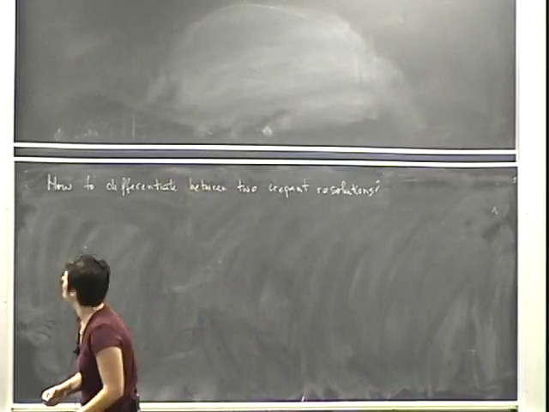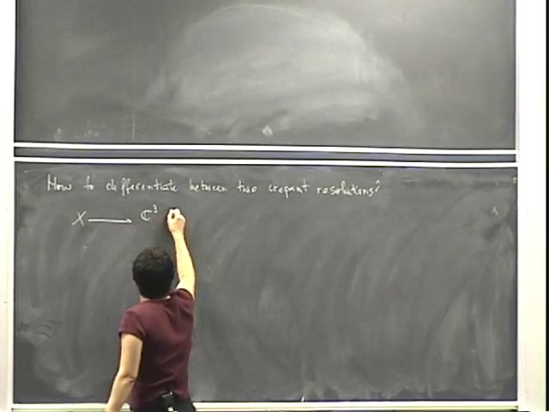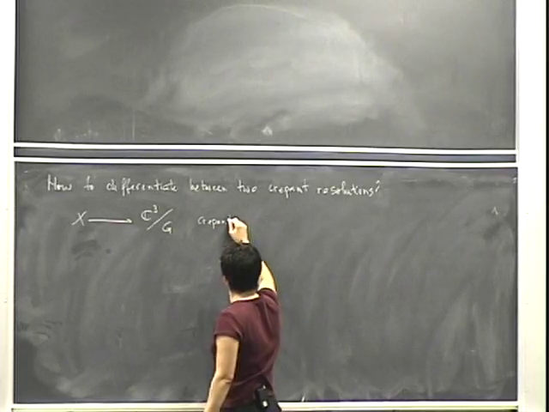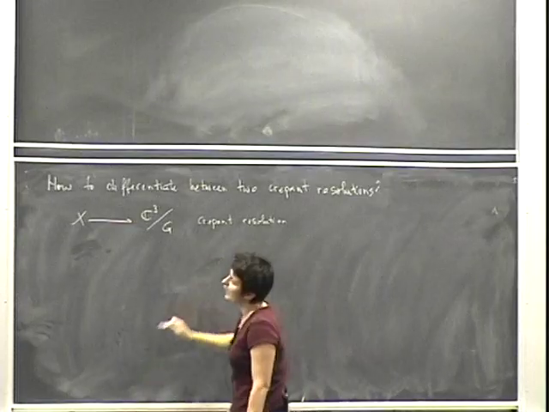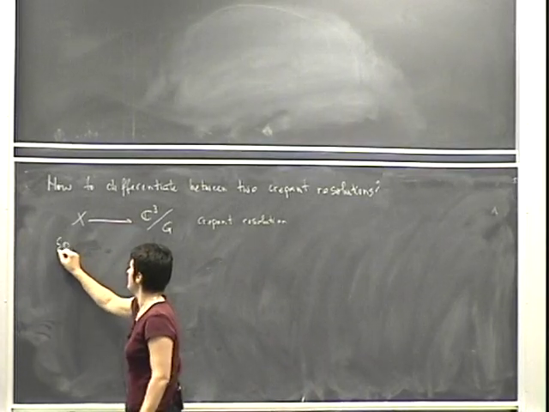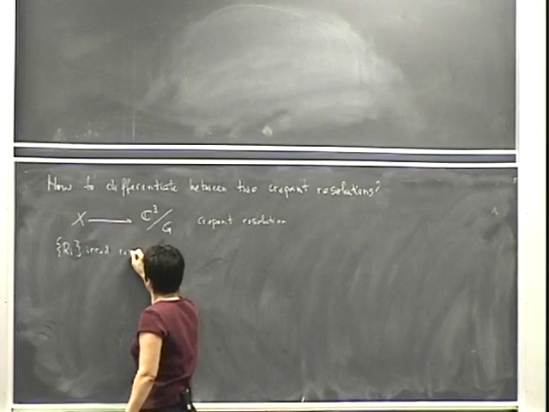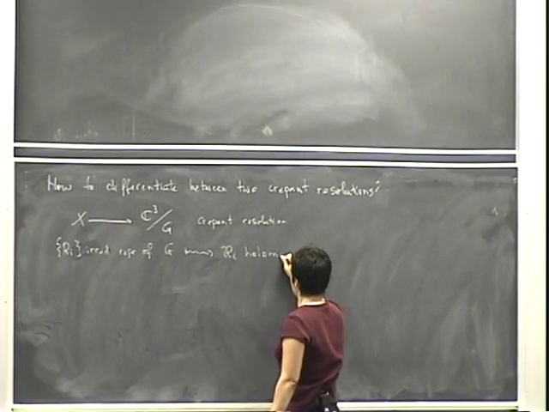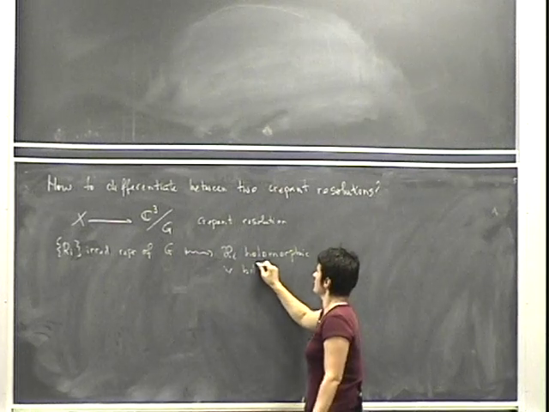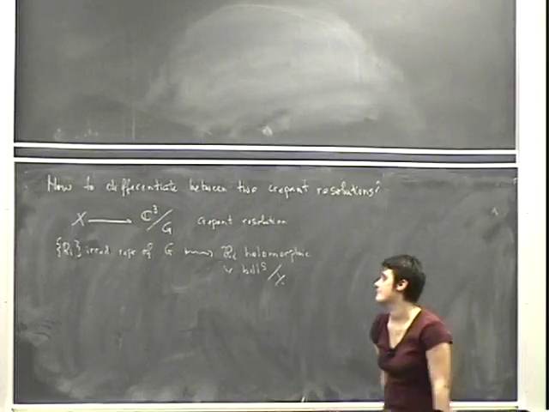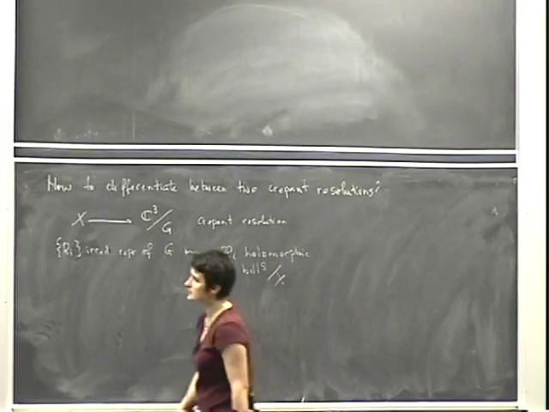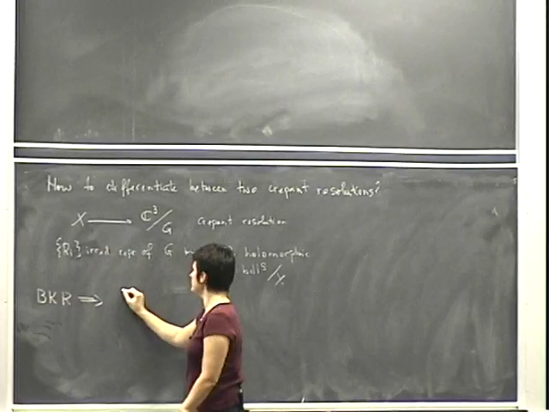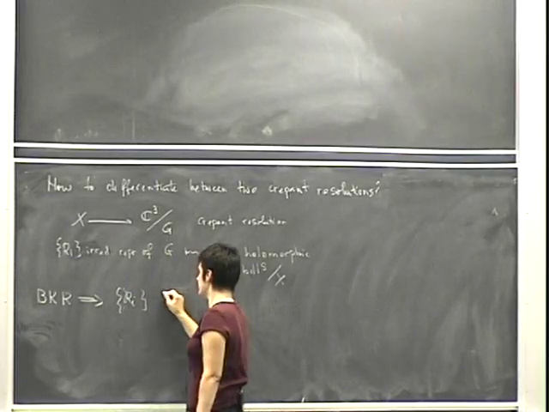What you can do is take a Crepant resolution, and take the irreducible representations of G. They will give us some holomorphic bundles over our variety X. What's known from the work of Bridgeland, King, and Reid is that these holomorphic bundles, R_i, form a basis in K theory.